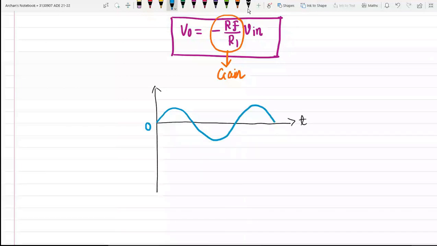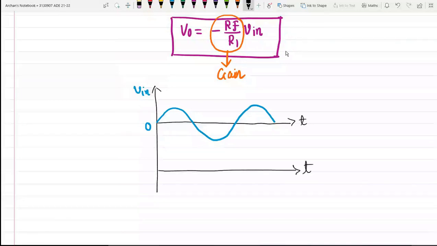The magnitude of the output voltage will depend on this ratio RF by R1, but the shape of this output voltage would be like this. It is 180-degree out of phase with respect to the input voltage.